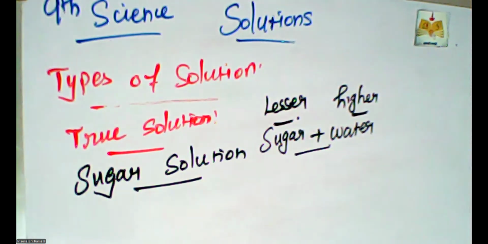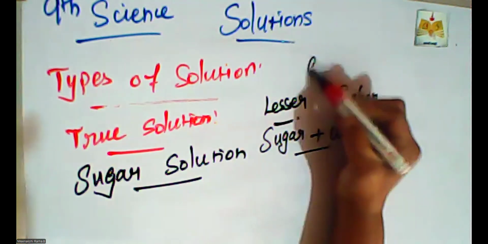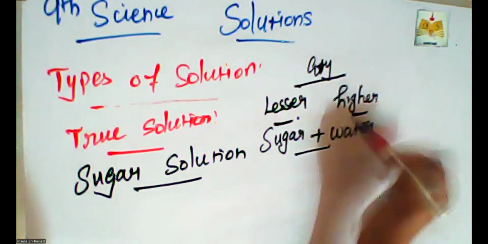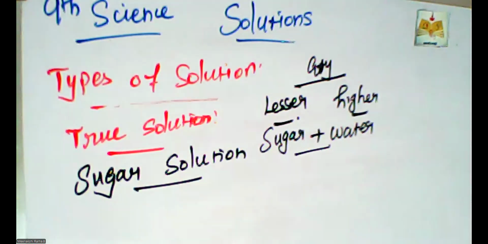Sugar is the lesser quantity, so that is the solute. Water is the higher quantity, so that is the solvent.